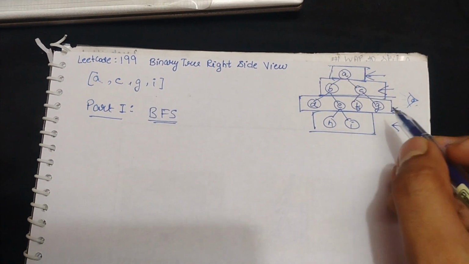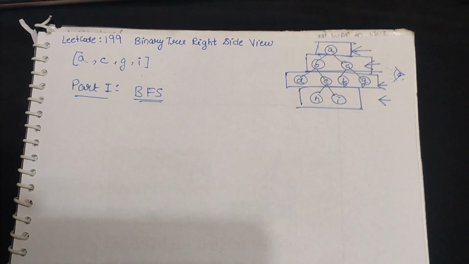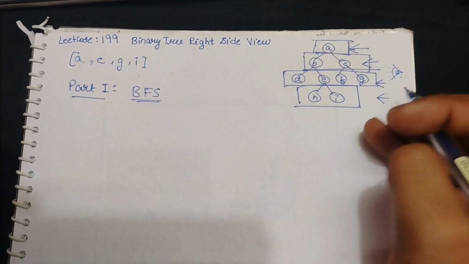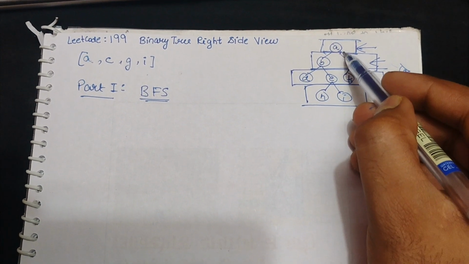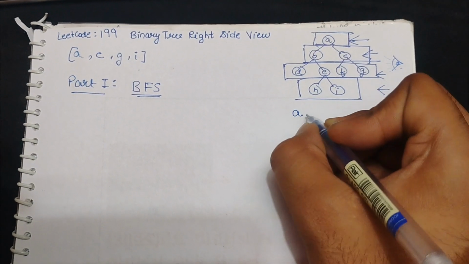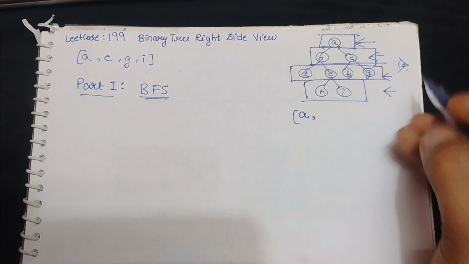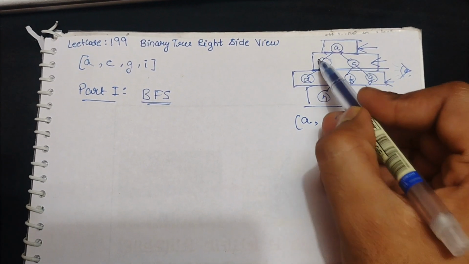Here I want you to understand the approach: if I have a single element in the queue, in the level, I will simply pop it out and print or store it. And if I have multiple, I'll pop out B.